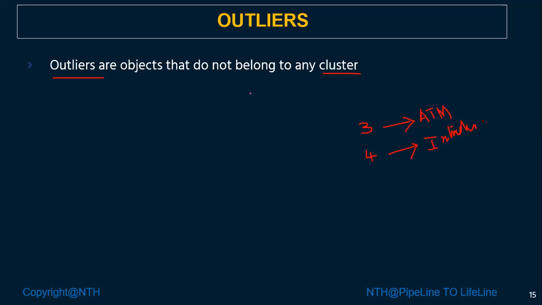This person's characteristics are very dissimilar from a normal person. Obviously, he is going to become an outlier. He has certain characteristics that are very abnormal compared with genuine people. Therefore, he is going to become an outlier.